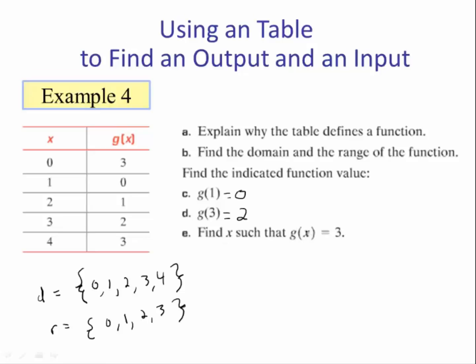So now my g of x is my y value. I want to know what is the x when y is 3. So we have a 3 here and 1 here. So this has two answers: when x equals 0 and when x equals 4.